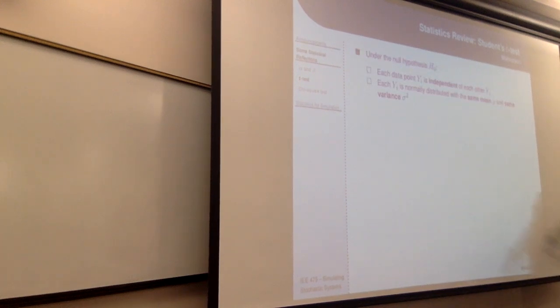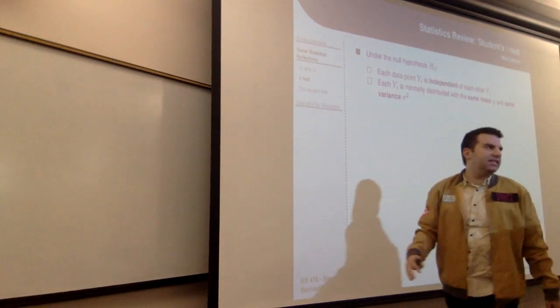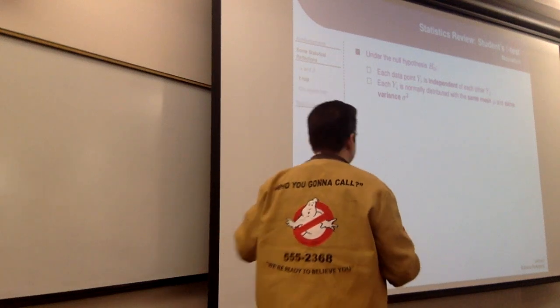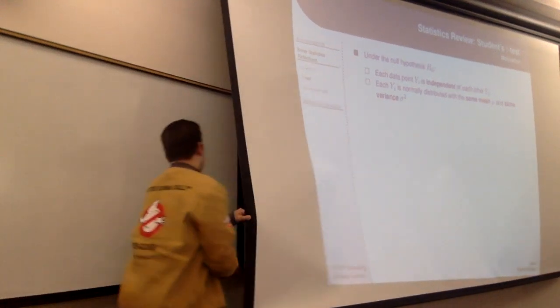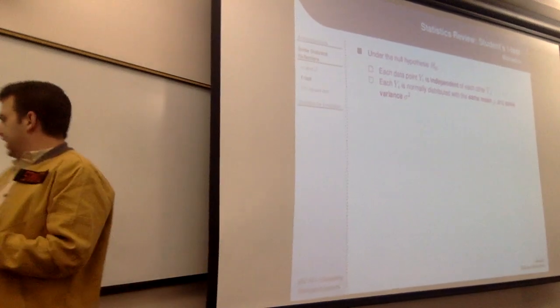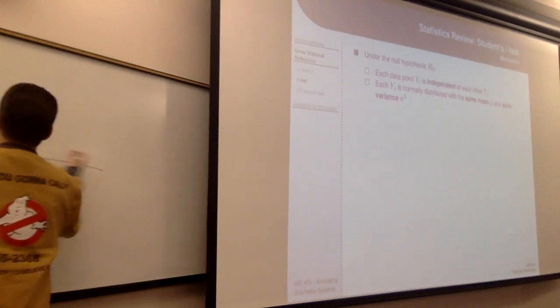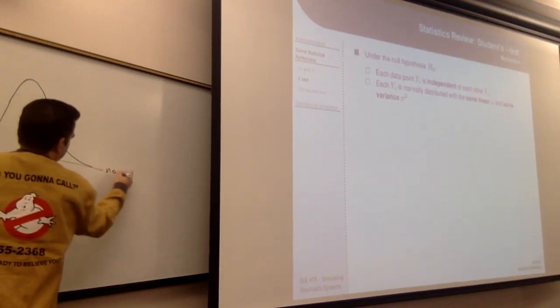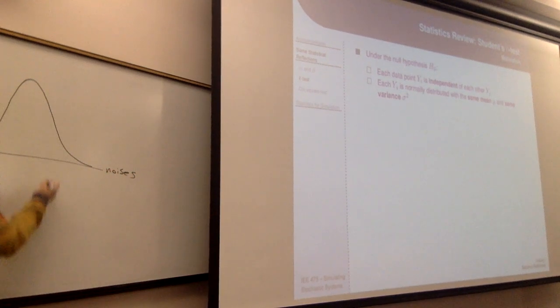So the idea is that, well, under the null hypothesis, which is that our data come from a distribution with mean mu. So we're saying that under the null, which is like, in the backyard, we've got noises that can be generated from a normal.